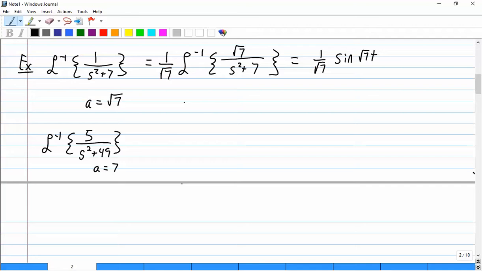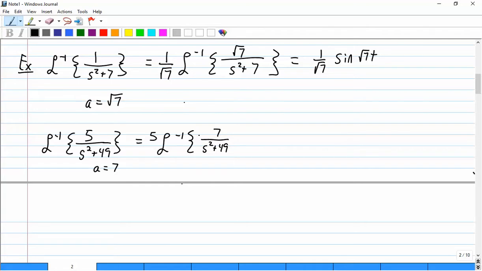Now, I can always factor this 5 out and put it in front. If I put a 5 there, then that's going to give me a 1 up here, but I don't want a 1. What do I want? If I want it to fit the formula for sine, I want it to be a 7.